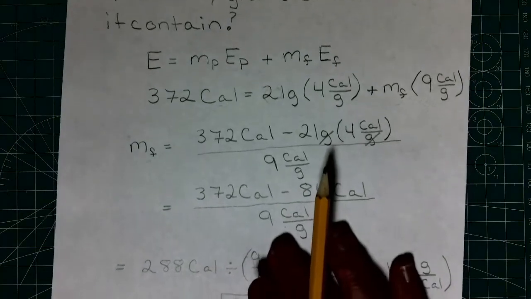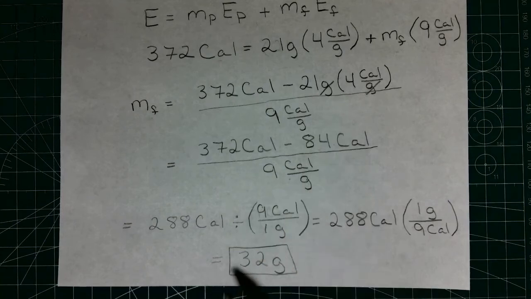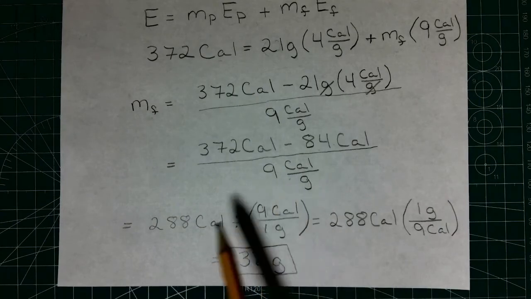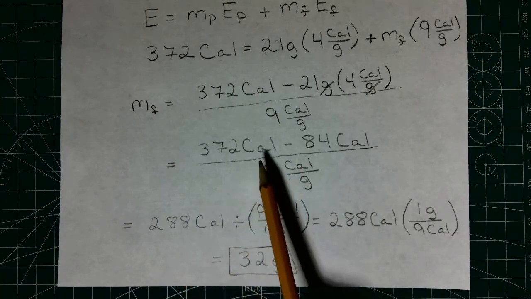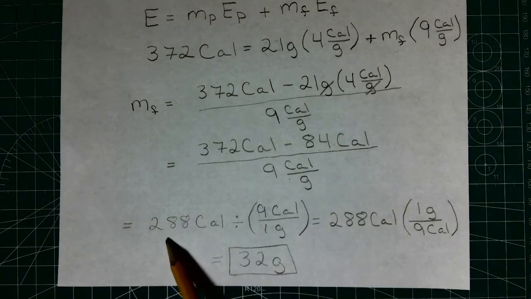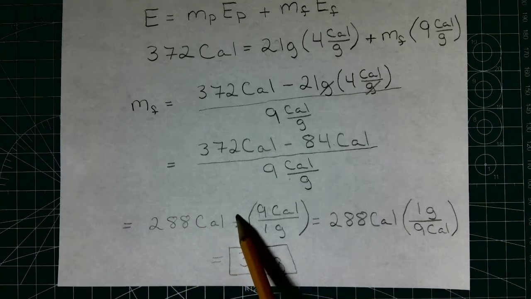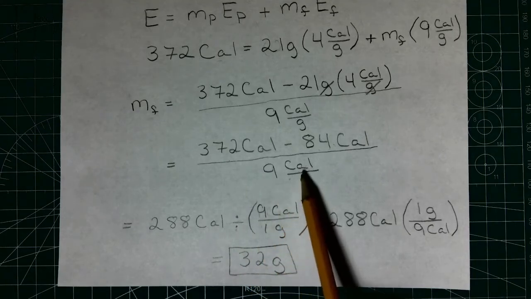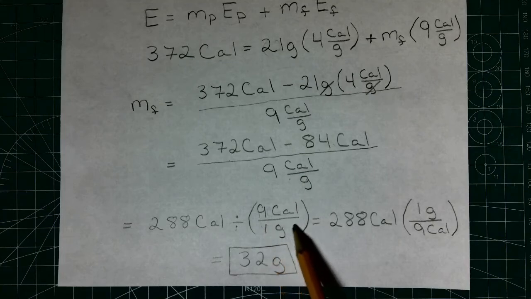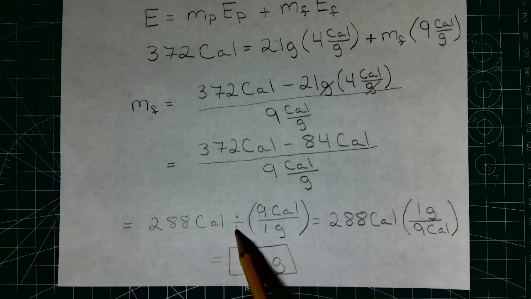So I'm going to rewrite this to make that just a little bit more clear, because it's the first time we've seen that kind of mathematical form. So if I do 372 minus 84, I'm going to get 288 calories. I've written this like this, where I'm going to divide by, and I want to make it clear to everybody that when I write 9 calories per gram, this is really a fraction, right? I'm saying that there's 9 calories for every 1 gram, okay? And I would divide by that.